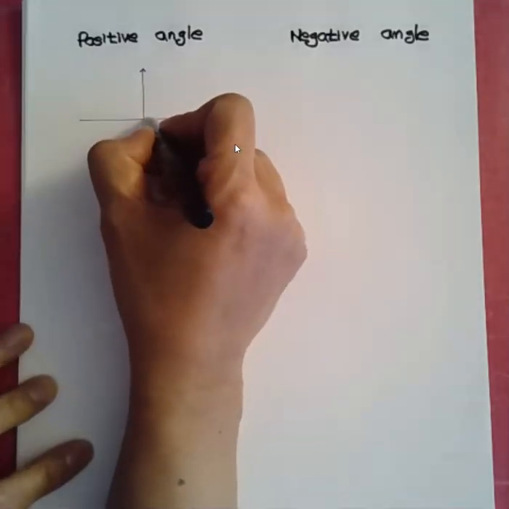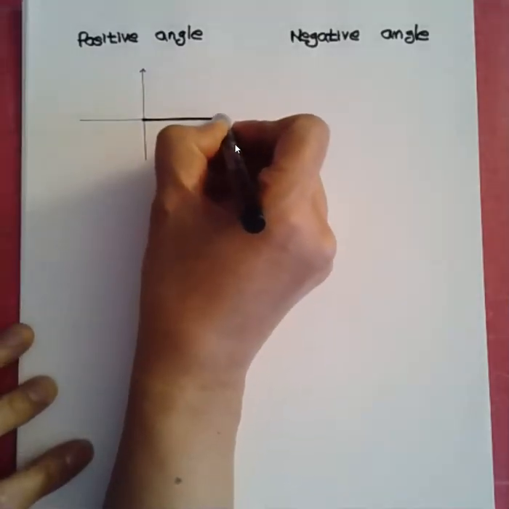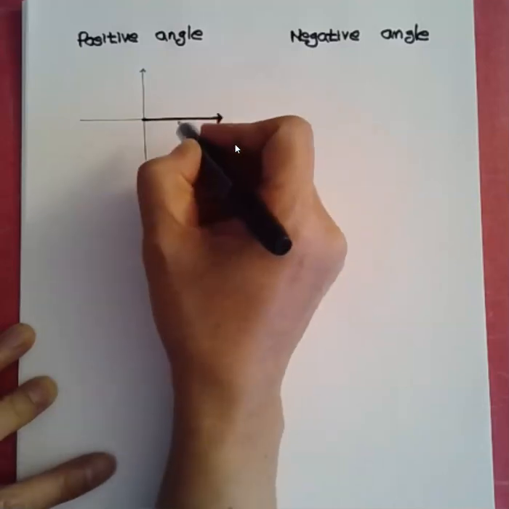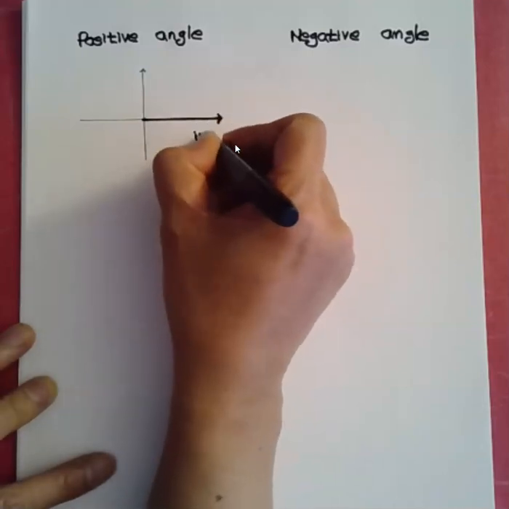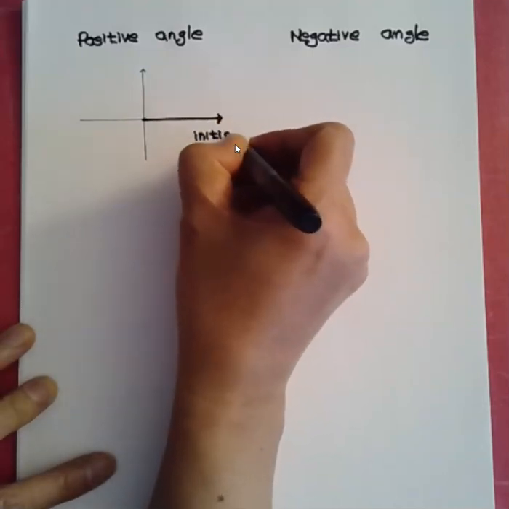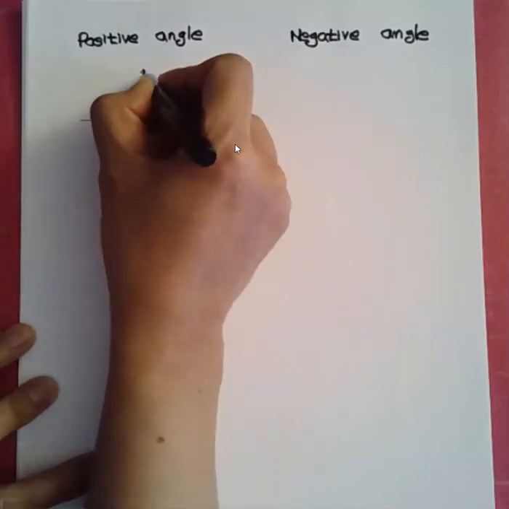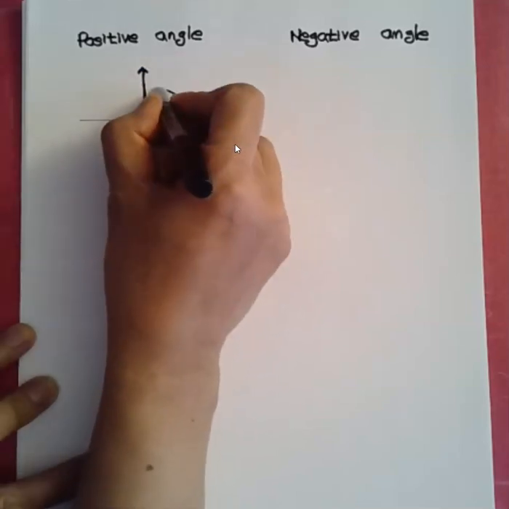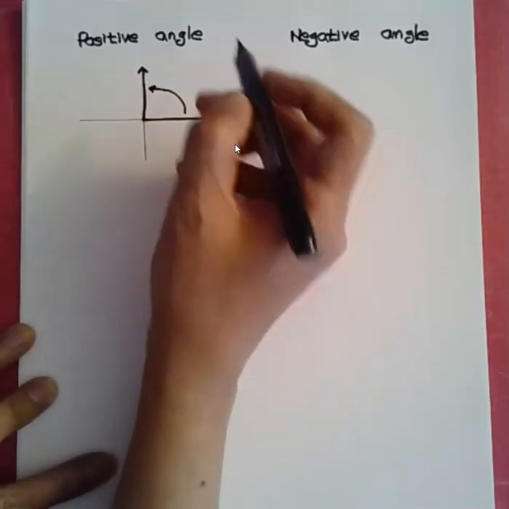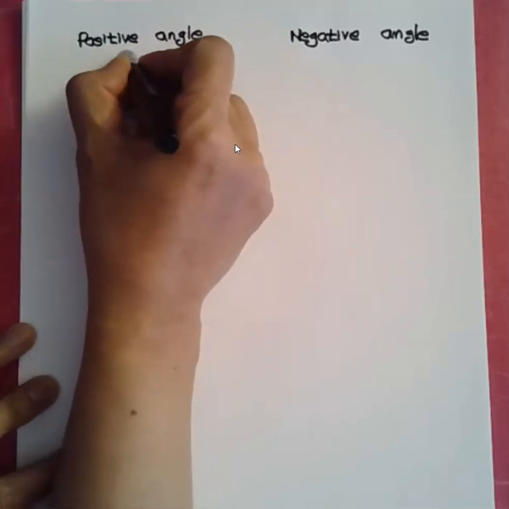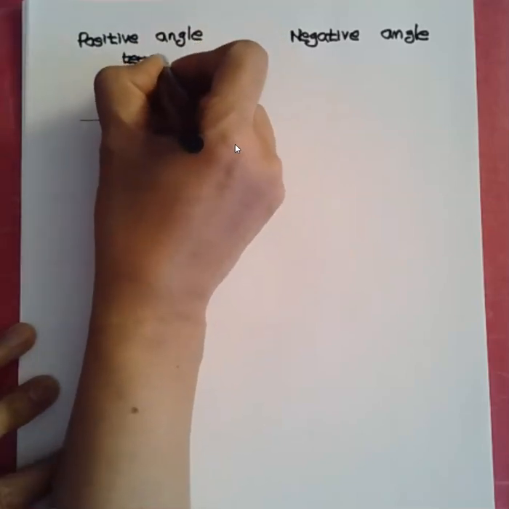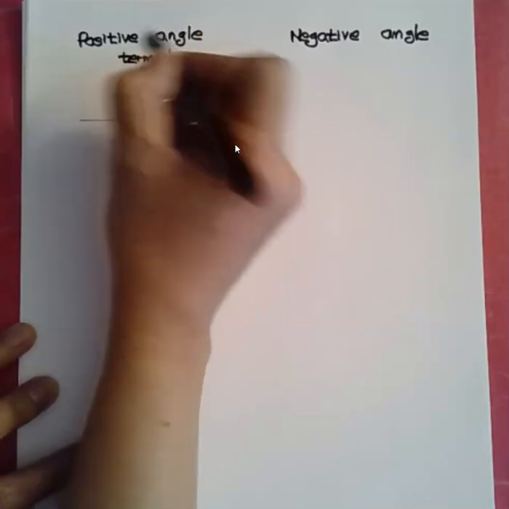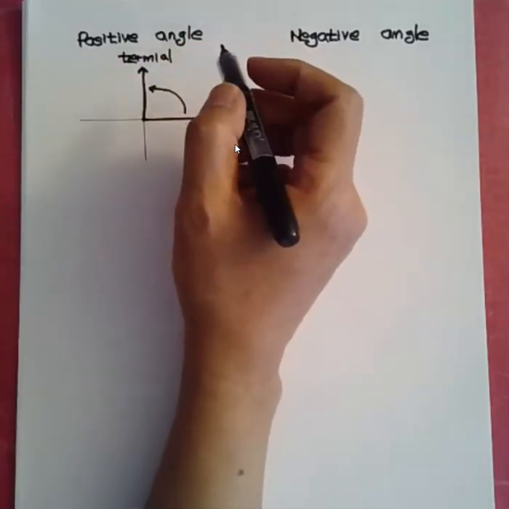We will put the initial side on the positive x-axis. We make 1/4 of the rotation counterclockwise. So the terminal side is identical to the positive y-axis.